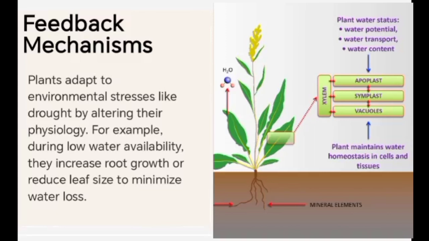When water is short, they respond by changing their growth. For example, they might grow longer roots to find more water or shrink their leaves to reduce water loss. It's like they are constantly adjusting their design to stay healthy and survive in their environment.